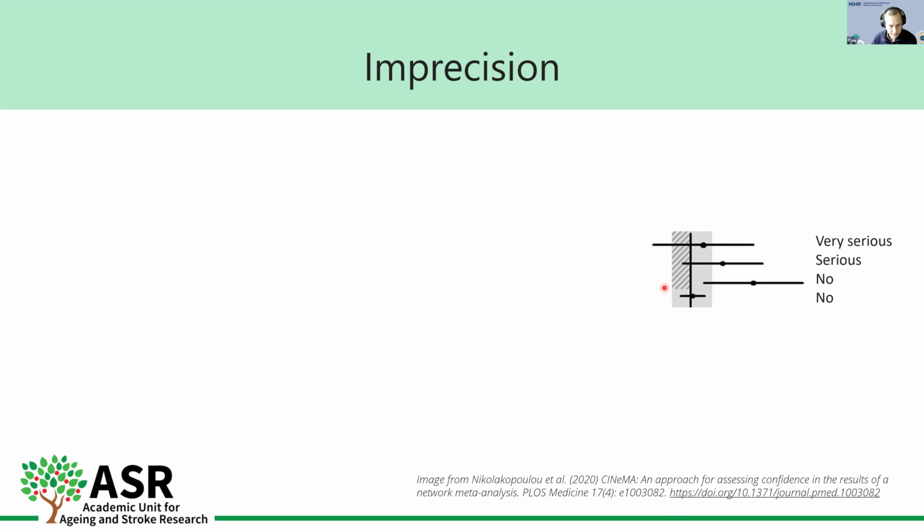So I've got this diagram which I've taken from this paper. We've got our black line, our line of no effect. These lines are not the individual study estimates. This is a representation of the pooled estimate, so often shown as a diamond, but here is a straight line. And what's been drawn on here, this grey box, is an assumed kind of area of little to no effect, or a trivial effect.